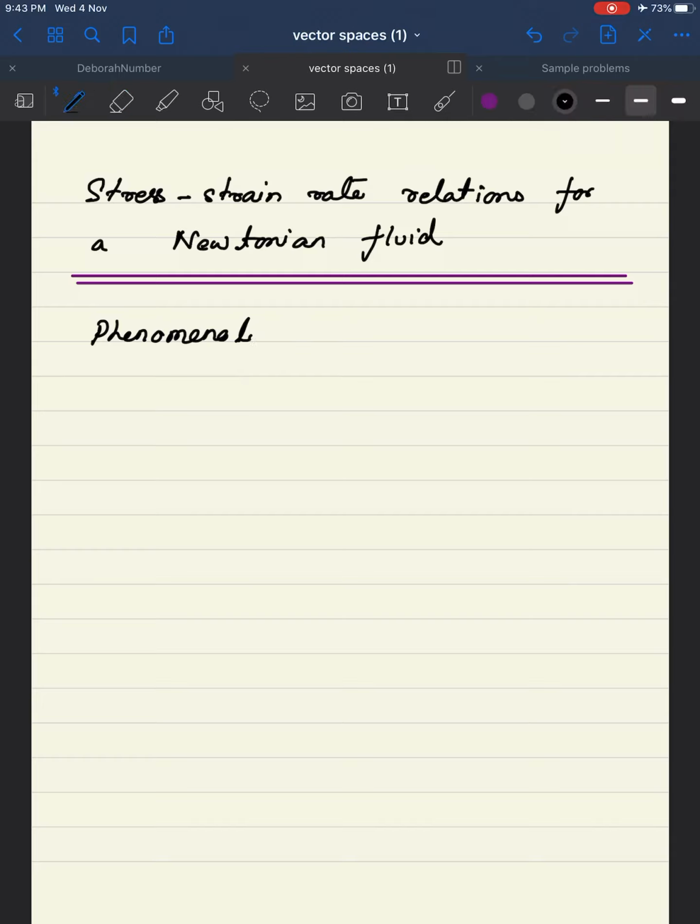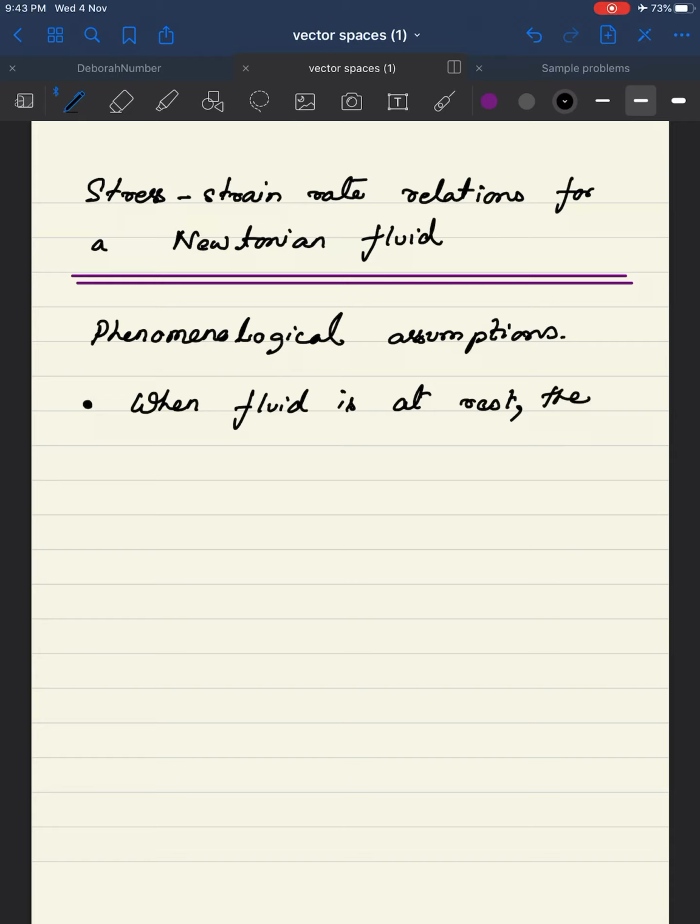logical assumptions. Okay, and the first one is that when the fluid is at rest, the stress is given by the thermodynamic pressure.